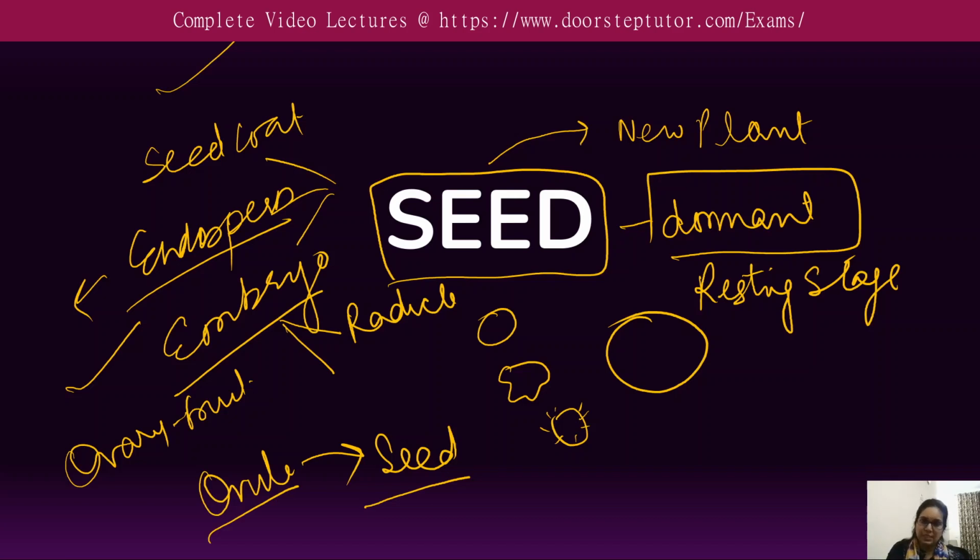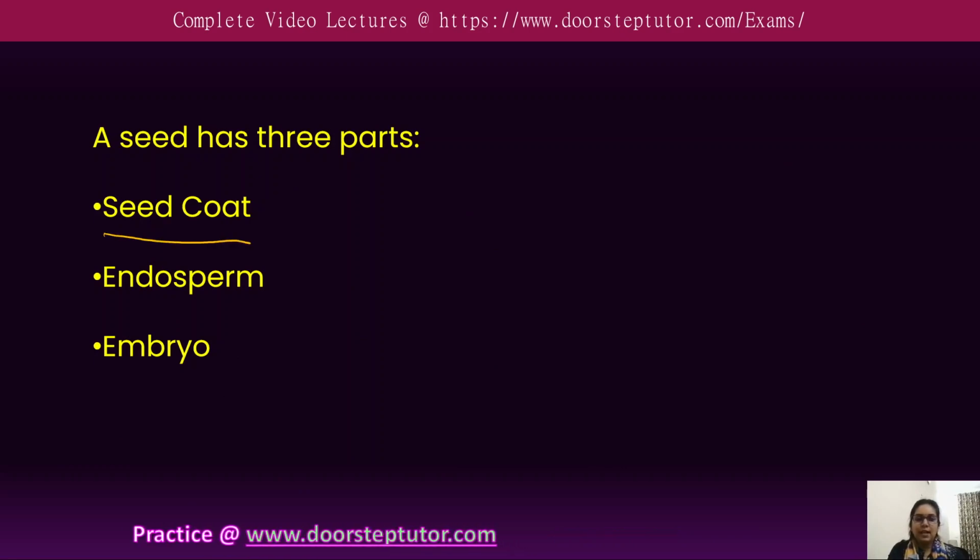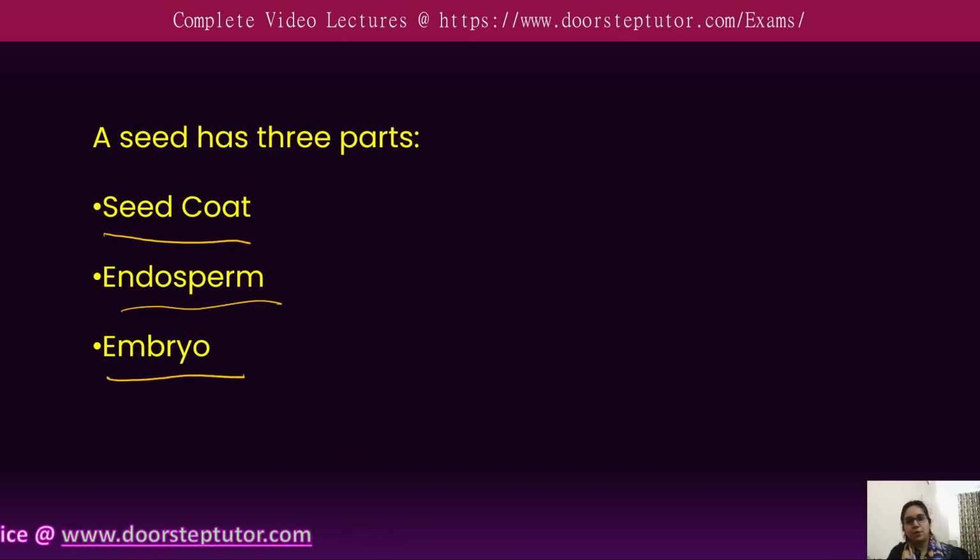If it is a monocot seed, then there is one cotyledon, and if it is a dicot seed, there will be two cotyledons. So the seed has three parts: the seed coat, the endosperm, and the embryo.